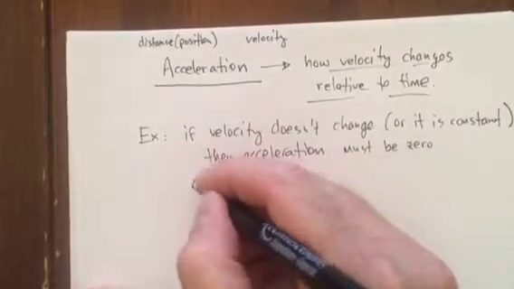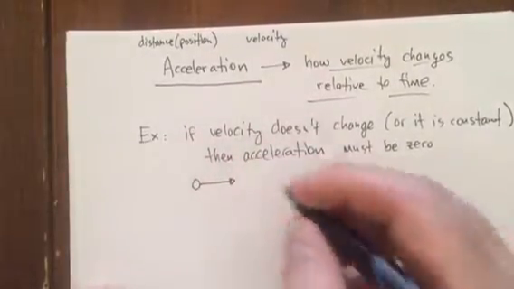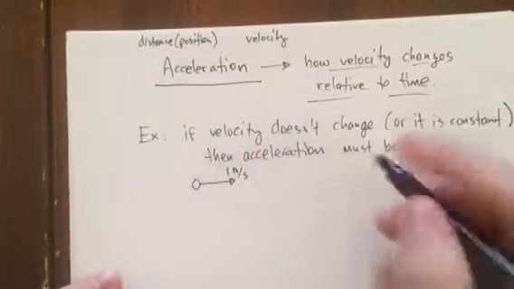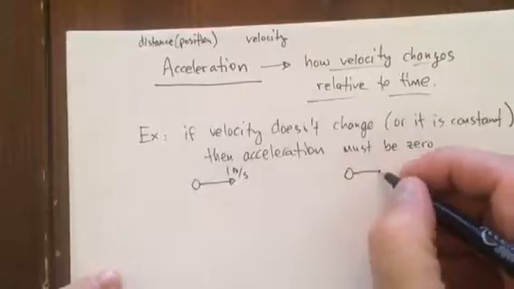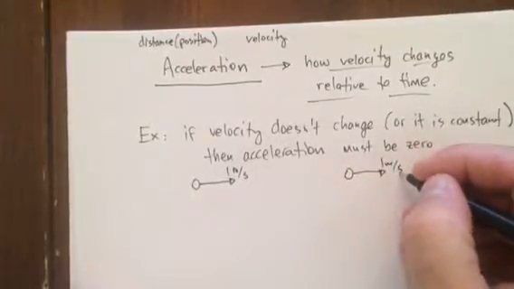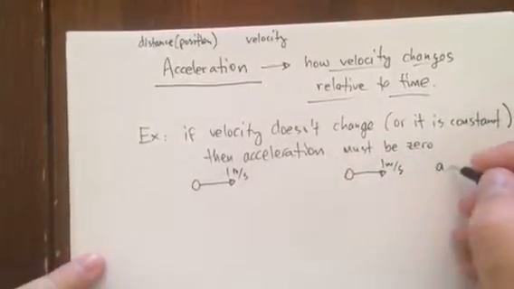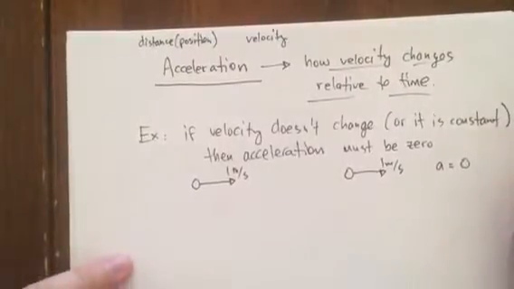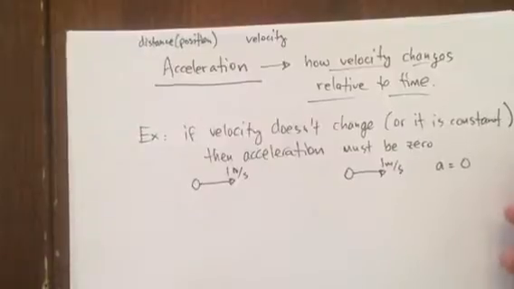So here's an object moving to the right with a velocity of 1 meter per second. Sometime later it's over here, still moving 1 meter per second. In this case, the acceleration, which I'll give the symbol A, is 0. Now we'll talk about units for this in a second.